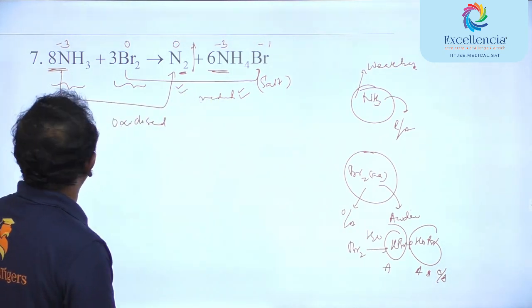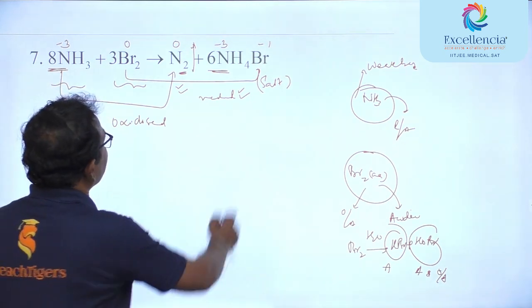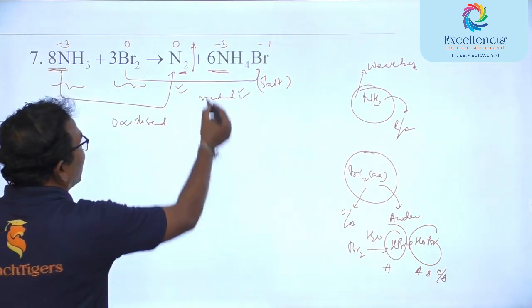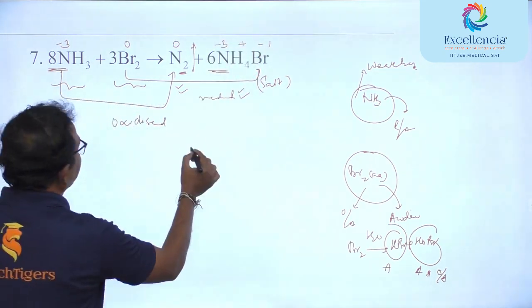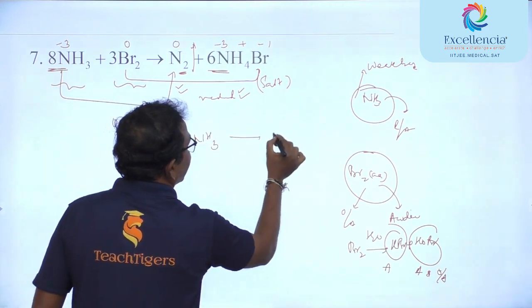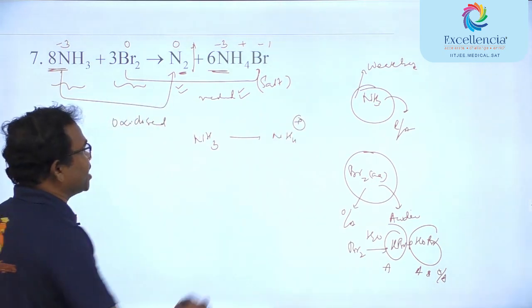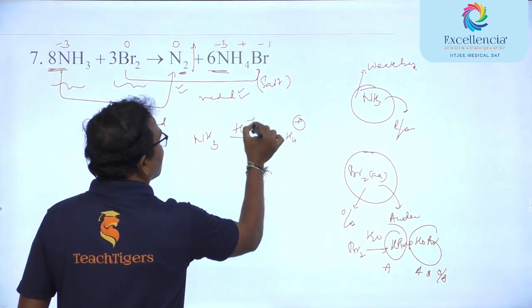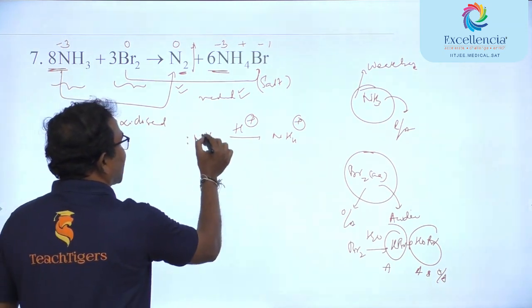Now, how do we understand this? Ammonium bromide and Br minus. If you look at ammonium bromide, this is ammonium, NH4 plus. Here it is very clear that ammonia is now changed to ammonium, only by accepting a proton. This is because nitrogen has a lone pair.